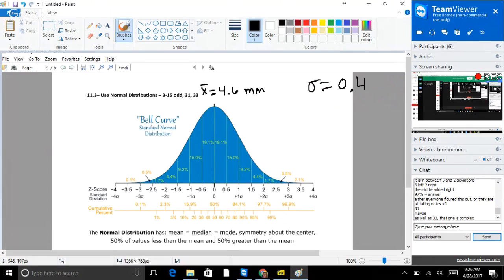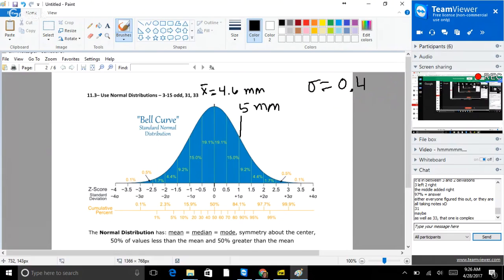So that means that if I do one standard deviation above the average, that is actually 5 millimeters, right? Because 4.6 plus 0.4 is 5.